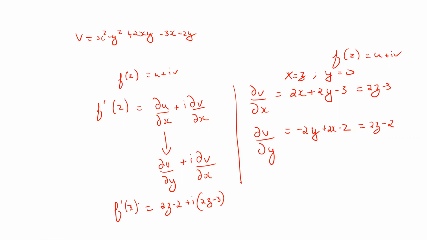From f prime of z, if you want to get f of z, what do you have to do? You have to integrate f prime of z with respect to z.